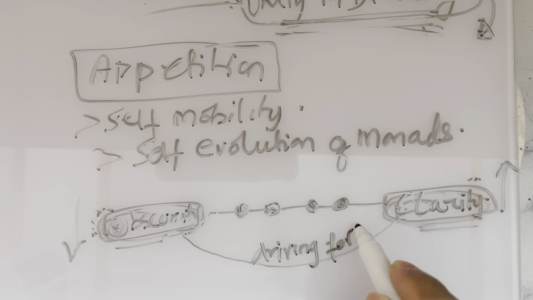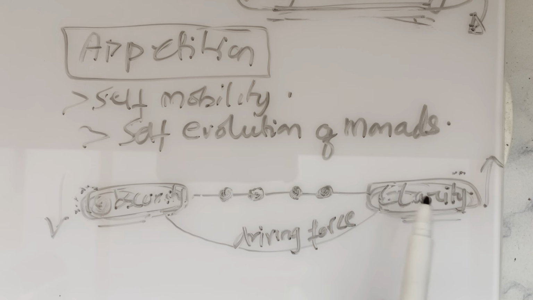Obscurity, feature or characteristics of the material type of monad, or the lowest type of monad. And then we have a movement from obscurity to clarity. This difference is the driving force. The action of different types of monads are dictated by these two types, which is obscurity and clarity.